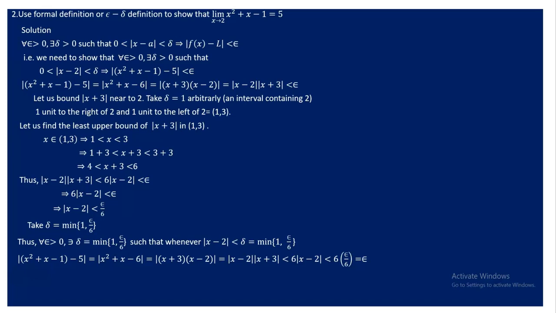So 0.6 divided by 6 is 0.1, and this is less than 1. So the minimum between 1 and 0.1 is 0.1. So if you take any number between 1.9 and 2.1 as x value, the difference comes to be less than epsilon, less than 0.6. This is how it is verified.